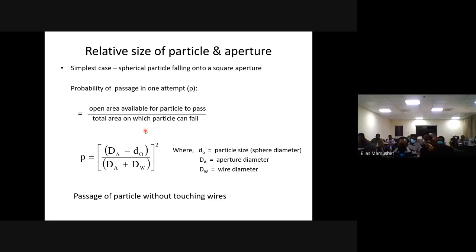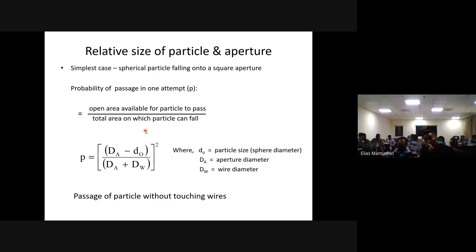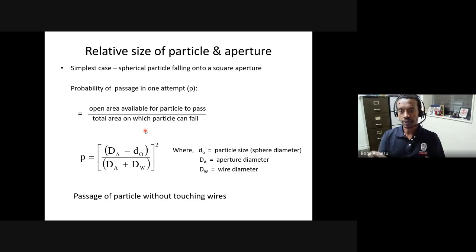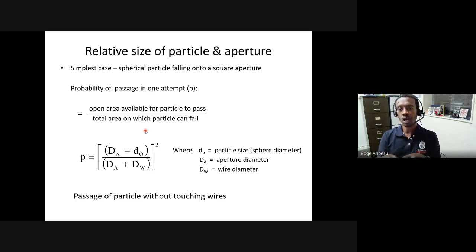So if I give you a plate that's 1 meter by 1 meter, and maybe you have punched holes on that plate, maybe 20% is open area. The remaining 80% is still closed. So the area available for screening is that 20%, the open area, and the whole area would be the 1 by 1 meter I just mentioned.